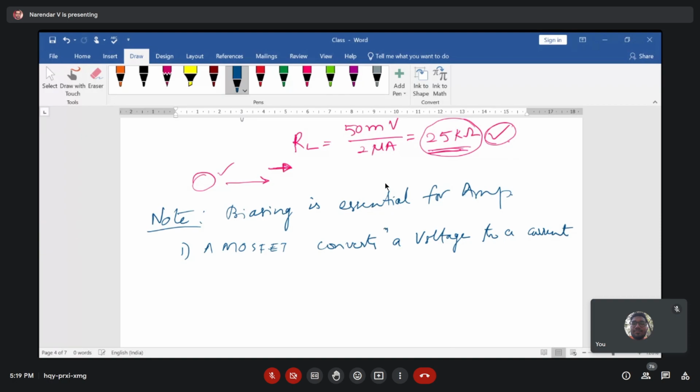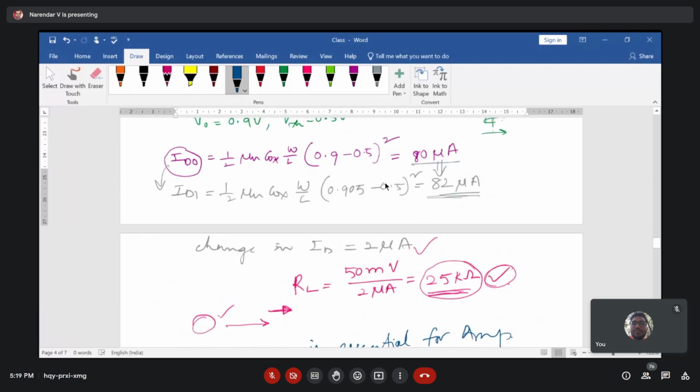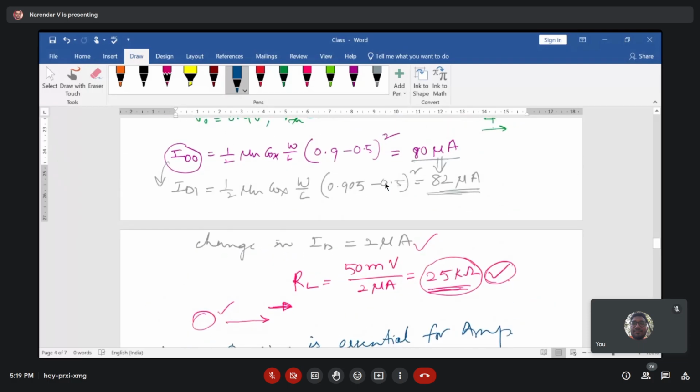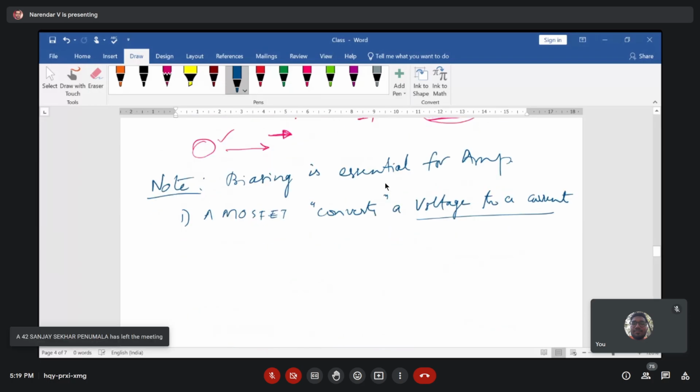So it converts voltage to current, right? Because if you notice this point clearly here, when you apply a gate voltage, it is converted into current, right? So you can call it a voltage to current converter.